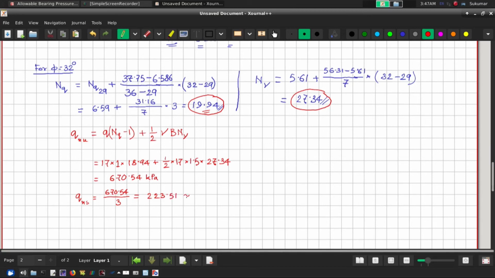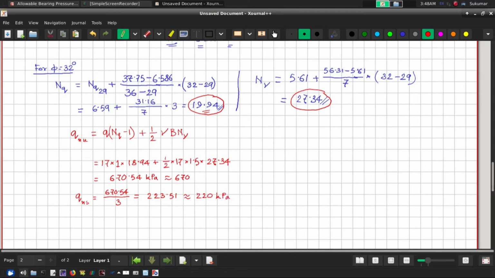We will round it off to say 220. Actually I should round it off here itself, 670, and then 670 by 3 is 223 anyway, so we will further round it off to 220 kilopascal.